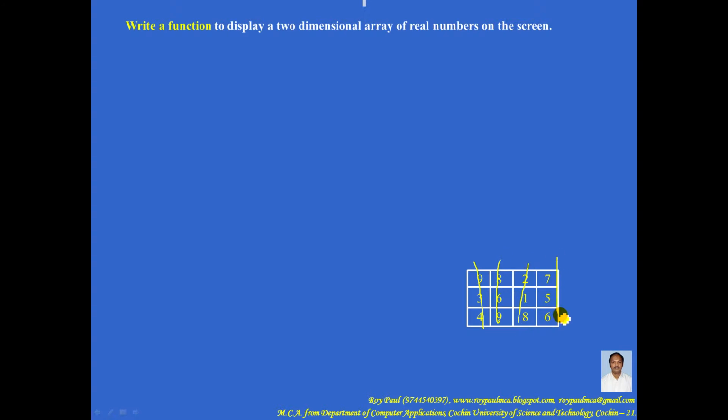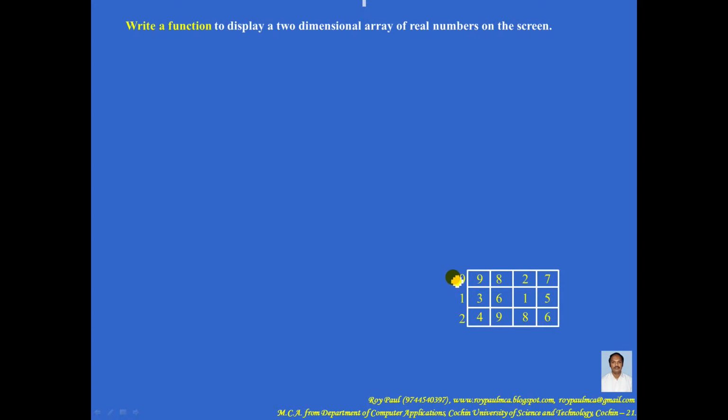For the first row, the index is 0. In C++, index starts with 0. Next row, index is 1. And for the next row, the index is 2.